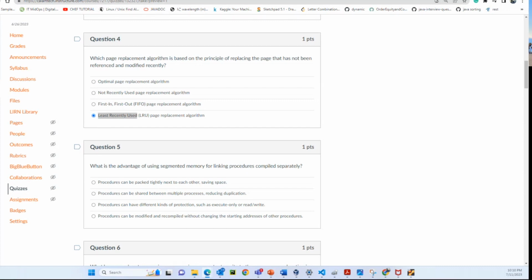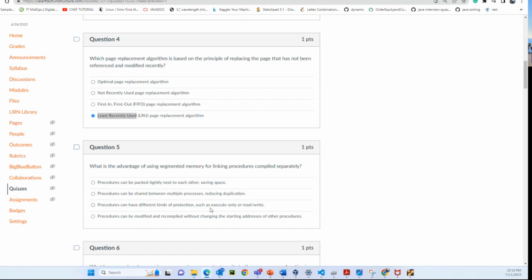The segmented memory, it says procedures can be modified and recompiled without changing the starting address or other procedures. So when you use the segmented memory for the linking procedure, it is quite dynamic. If you remember, we said paging is the fixed size, segmentation is the dynamic size.